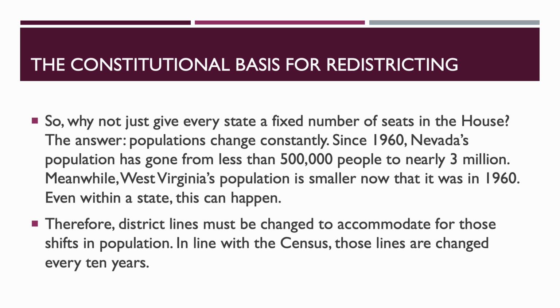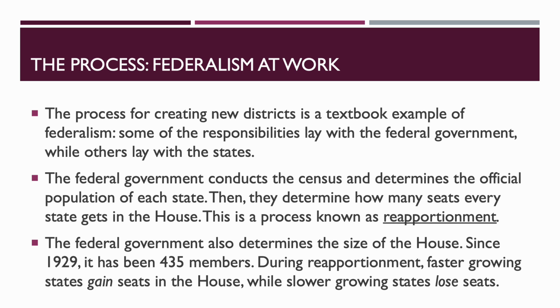So not only does the state allocation have to change, but so too do those district lines. So in line with the census, those district lines are adjusted, changed, whatever term you want to use, every 10 years. So the process for how this works is good old-fashioned classic federalism. Some of the responsibilities lay with the federal government, and some of them lay with the states.